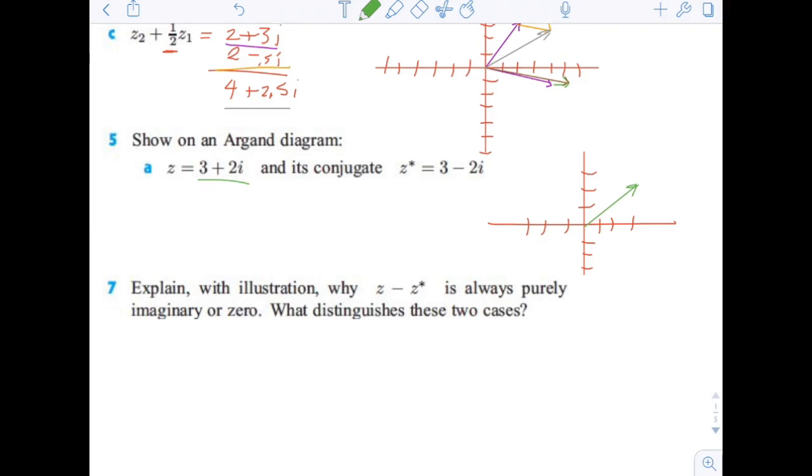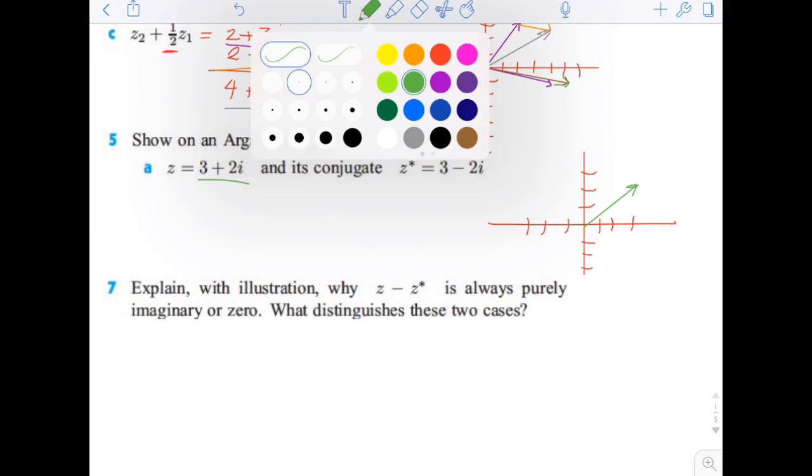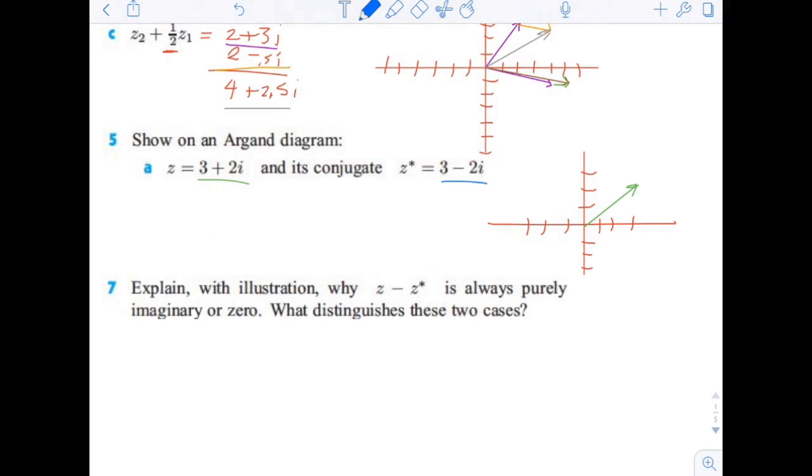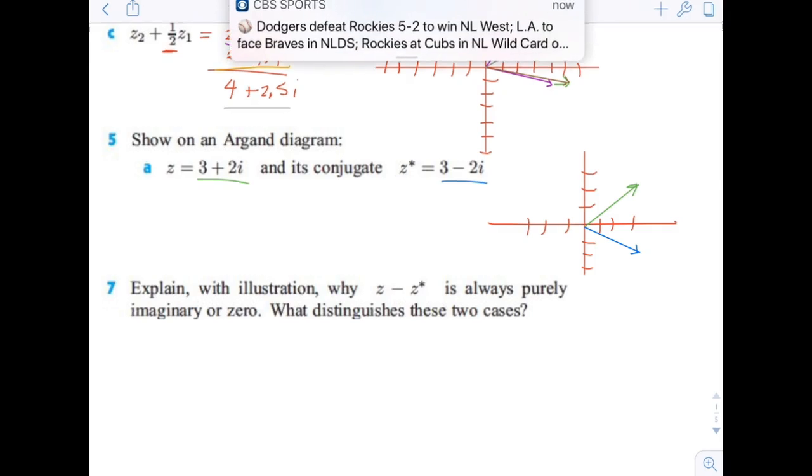Now I'm going to draw 3 minus 2i, which would be 3 to the right and 2 down. So there is the green original z, and z conjugate, which is its conjugate. It's just a reflection over the x-axis.